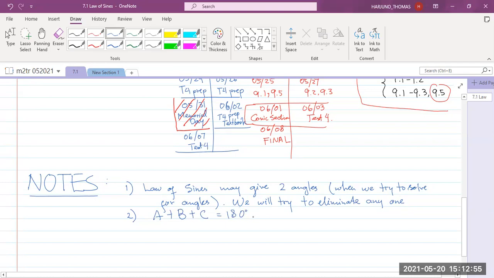Okay, now so if the sum of any two angles is more than 180, then we eliminate that option.